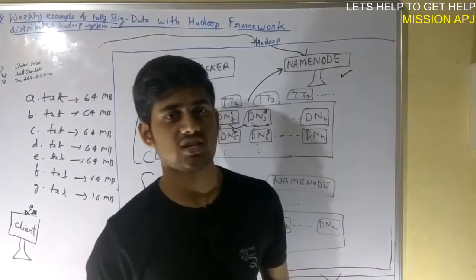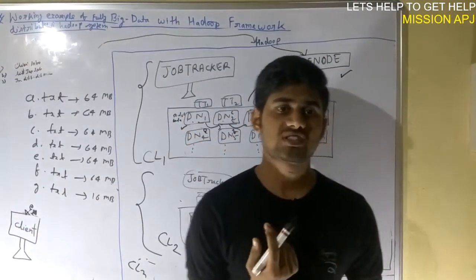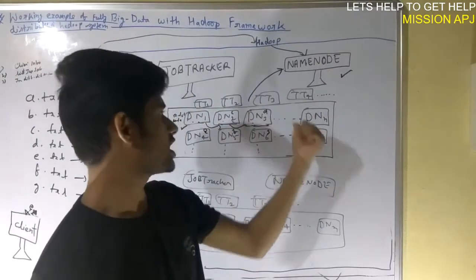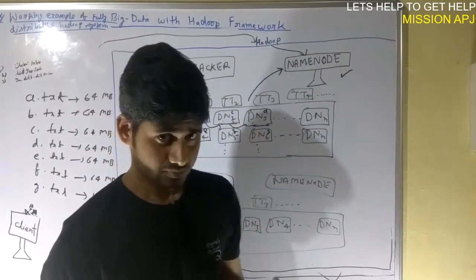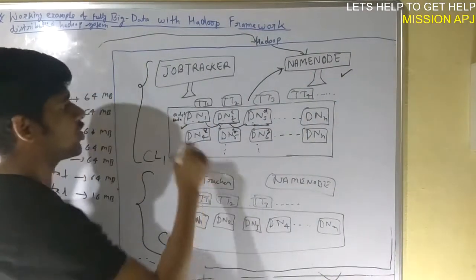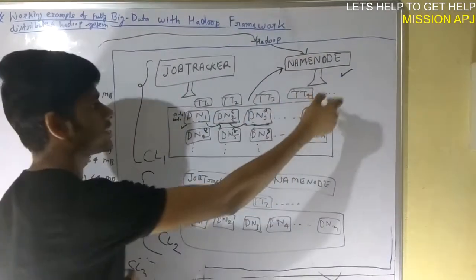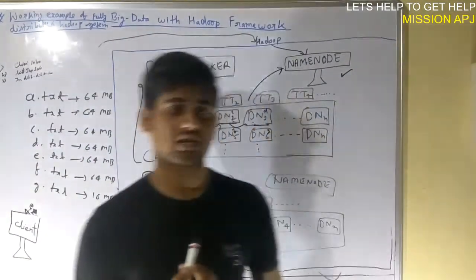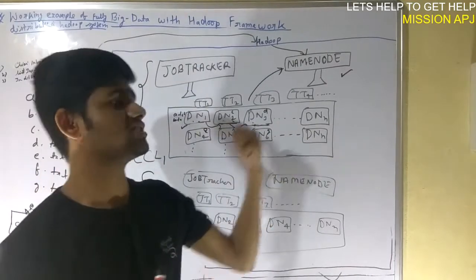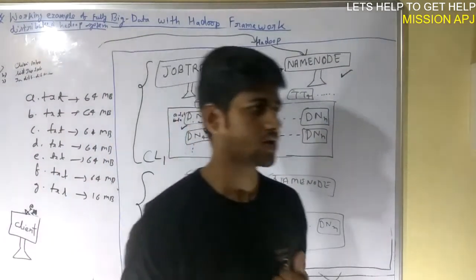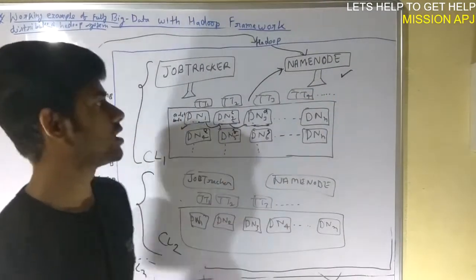As we have discussed earlier, there is a heartbeat which gives updates about the data nodes to the name node every 3 seconds. Every 3 seconds, all data nodes contact the name node about their hardware information, the changes in the file, and the location of the file if it has changed.